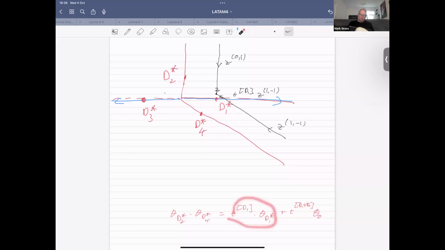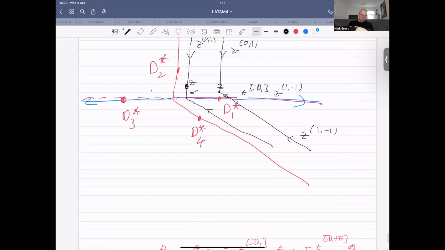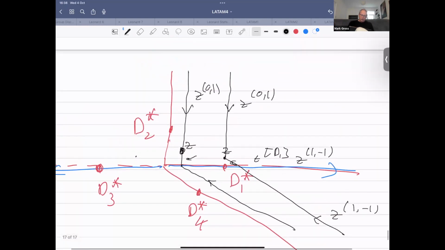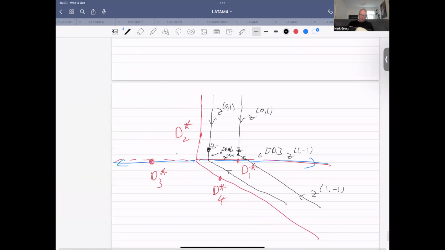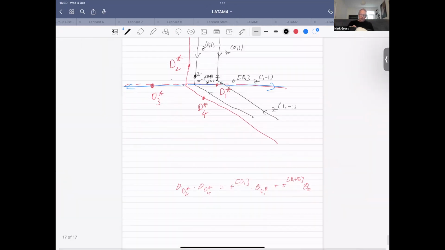So that's this term. The other term comes from taking Z to be near the origin. This time I have a broken line that actually bends, and a broken line that looks like that. The monomials here are Z to the 0, 1 again, and T to the D1 Z to the 0, minus 1, which gives this term.